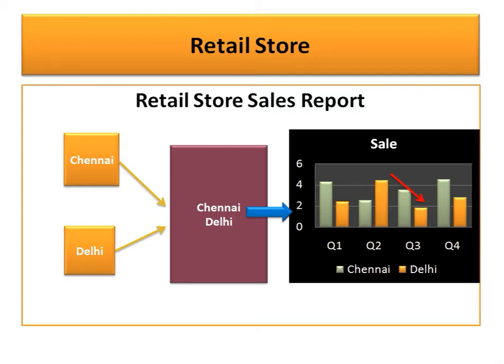Once they identify those root causes, they will try to create an action plan to improve in the next quarter or upcoming quarters. That is the main objective of data analysis.